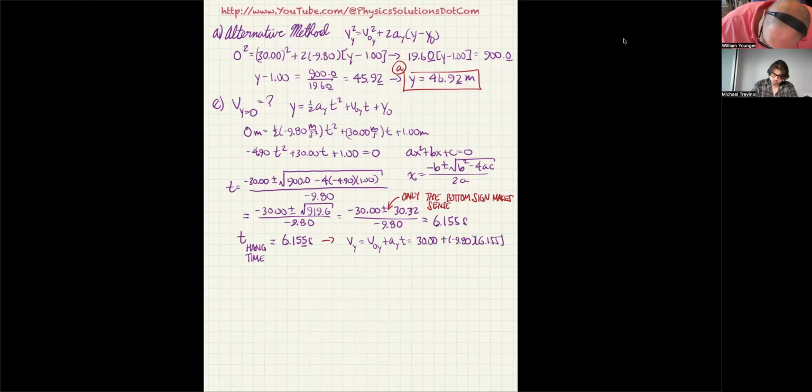That gives me v sub y equal to negative 30.32 meters per second, with one extra digit that's not a sig fig. So the final velocity just the second before it hits the ground is negative 30.32 meters per second.